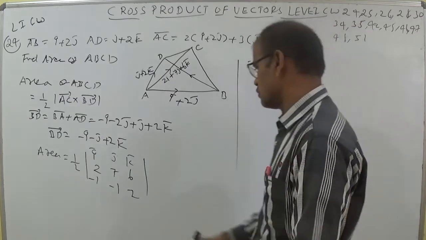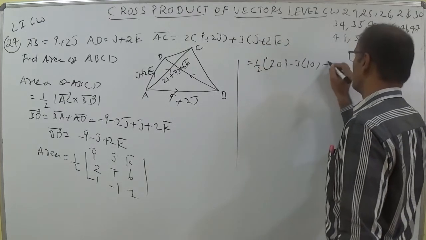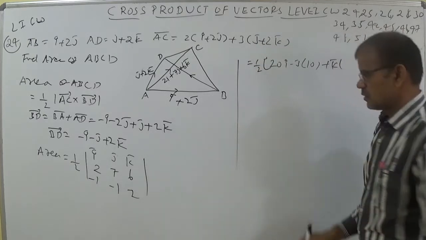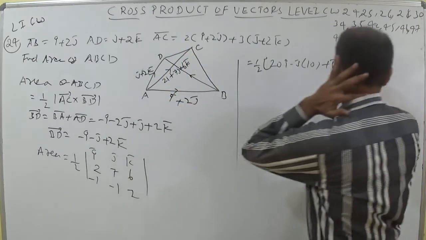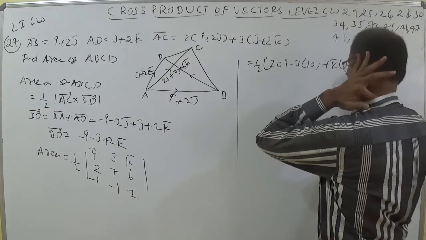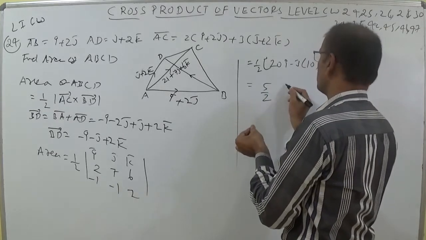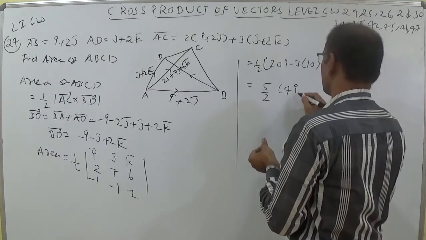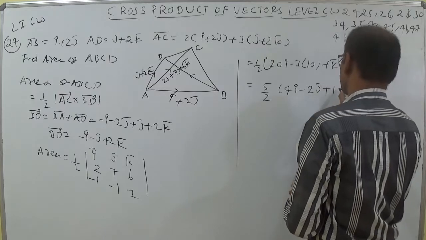Minus j into 2 twos are 4, plus 6; 4 plus 6 becomes 10. Plus k into the value minus 2 plus 7. Minus 2 plus 7 becomes 5. So 5 you take common here. 5 by 2 I am writing here. When you take it common, it becomes 4i minus 2j plus k.